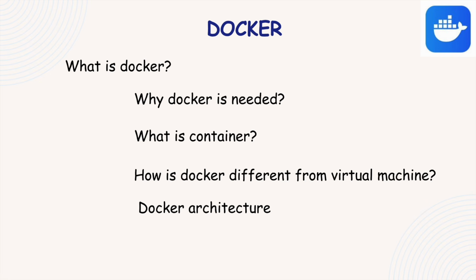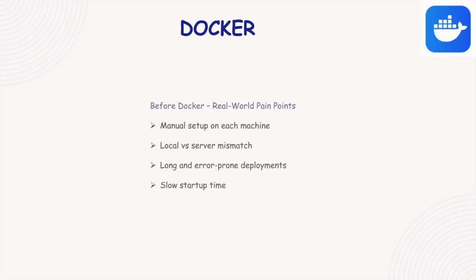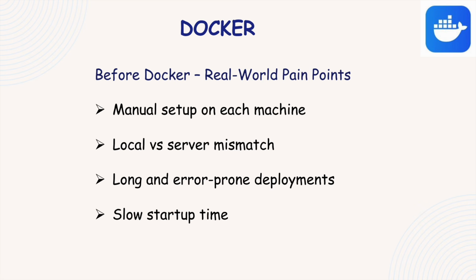Before Docker, let's understand what are the real world pain points. Before Docker, you have to install the OS, language, Python or Java, libraries, etc. manually on every developer machine or server. And the next point is, you test this application locally, but it still fails in production because of different operating system version or missing dependencies.